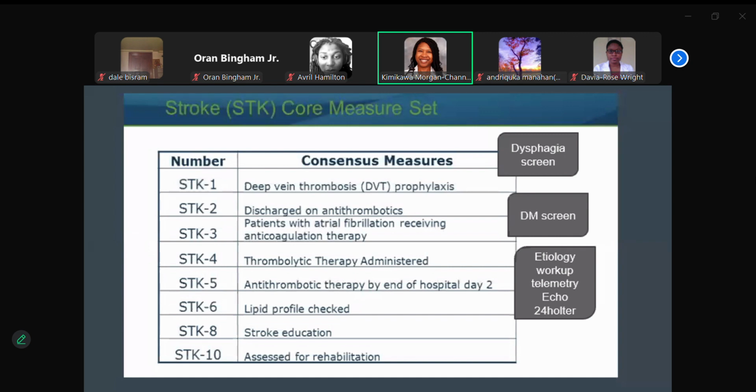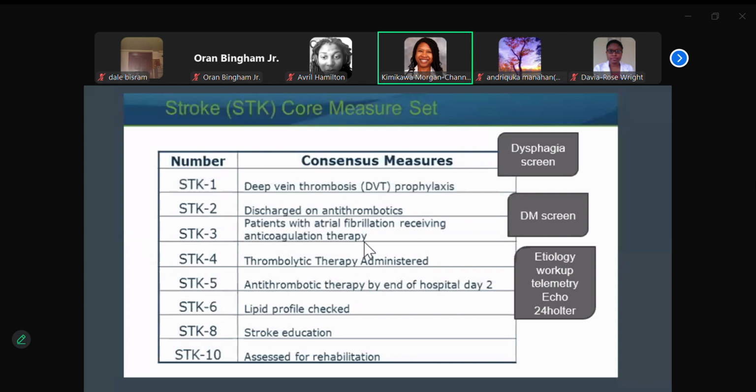If you want to change the patient from aspirin, you can give them Plavix 75. If you don't want to give aspirin, you can give Plavix, which is clopidogrel, 75 milligrams. And that's lifelong secondary prevention of stroke. This is core measure on discharge.